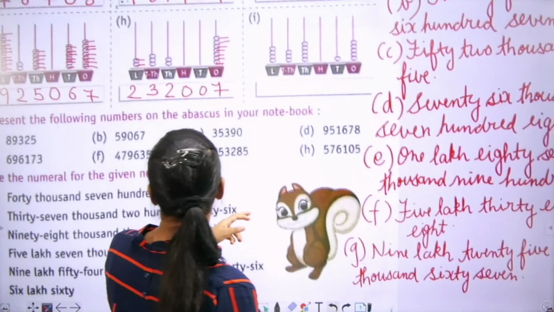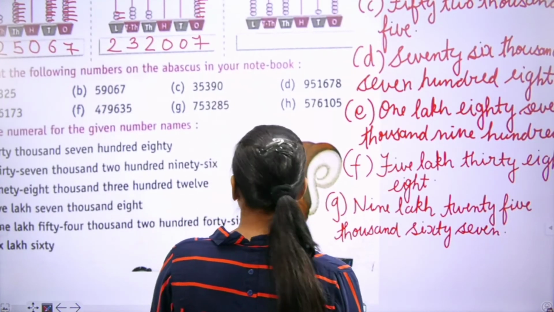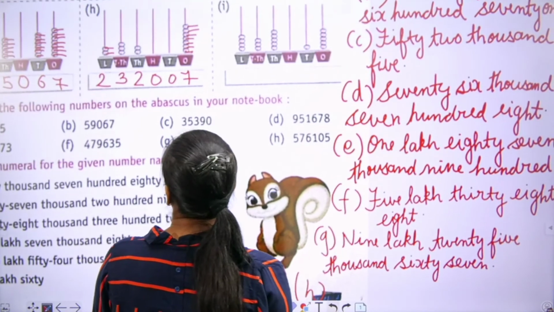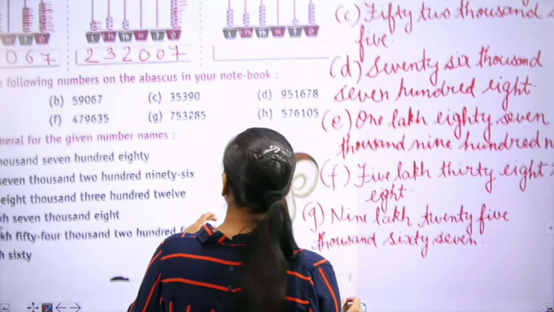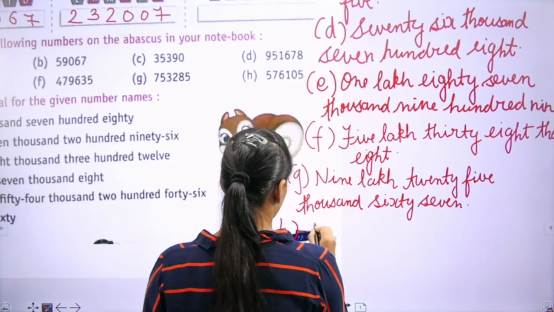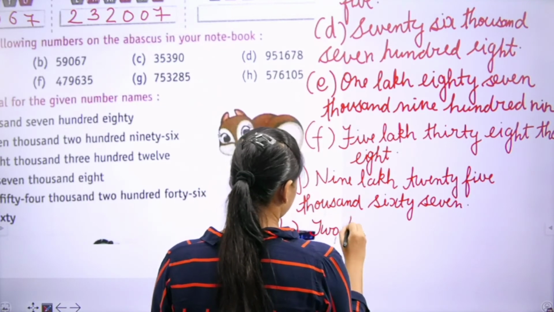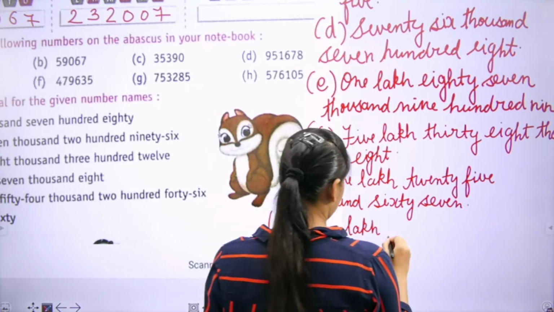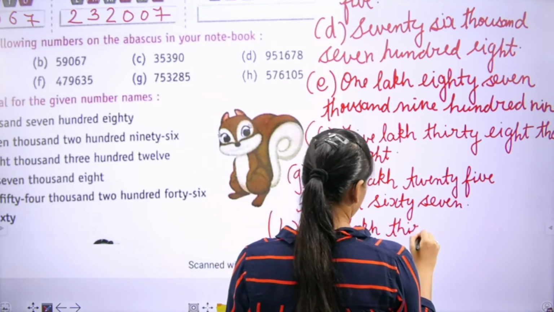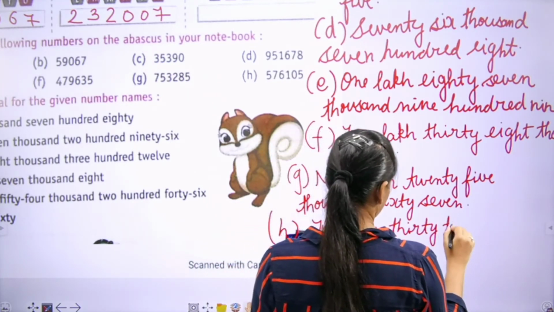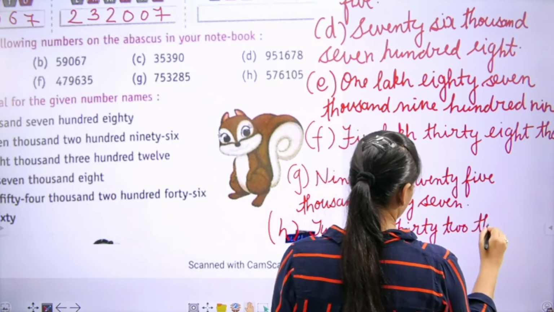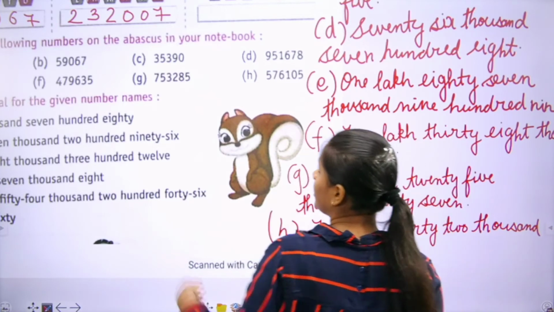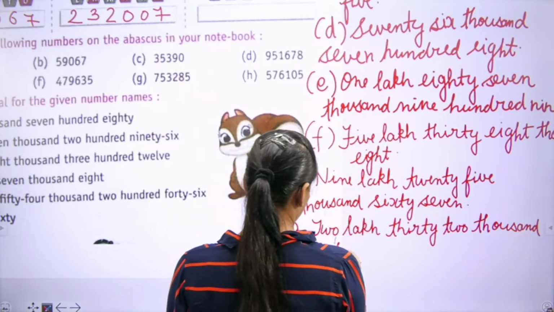Now again we have to write in words. H part. 2 lakh 32,000 32,007.